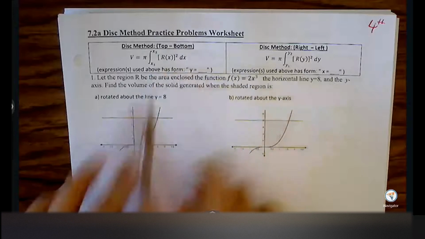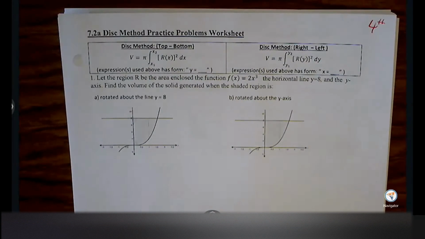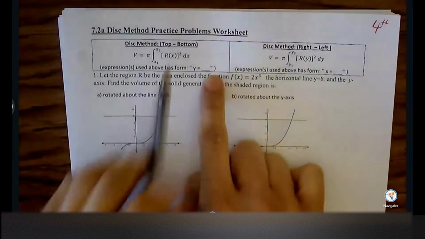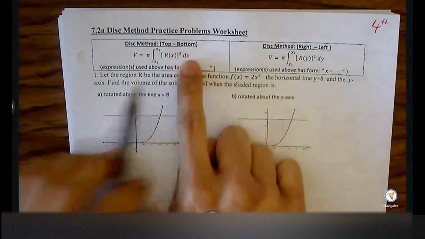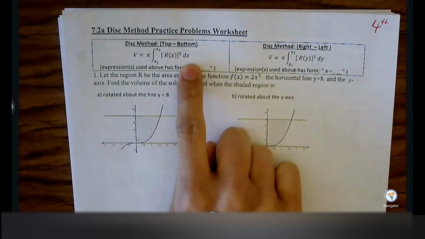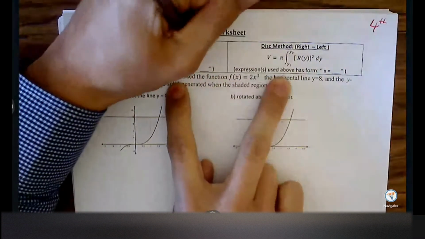Top minus bottom is the one that we all probably just feel more comfortable with because everything is already given to us. There's no need to make any messy adjustments. But a visual reminder as to when to use top minus bottom is when you draw your radius and it's sitting as a vertical radius.